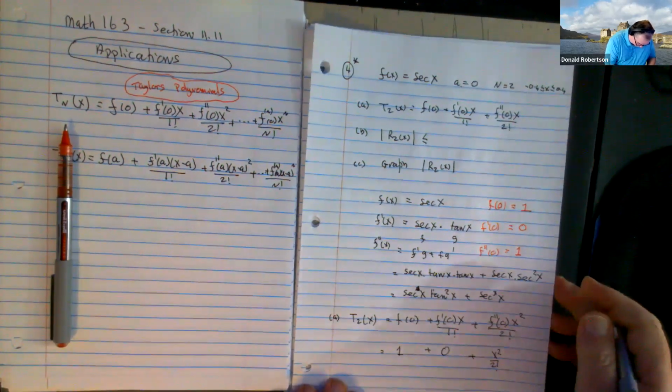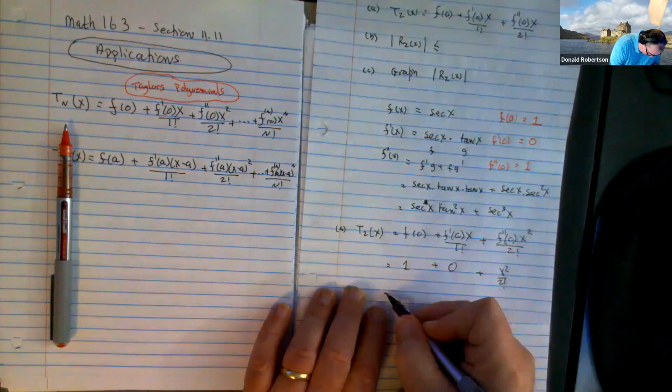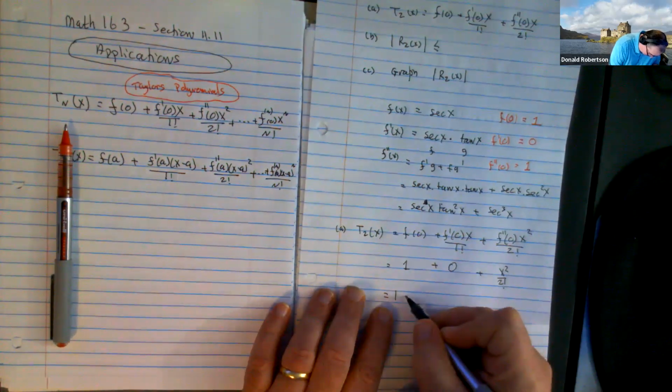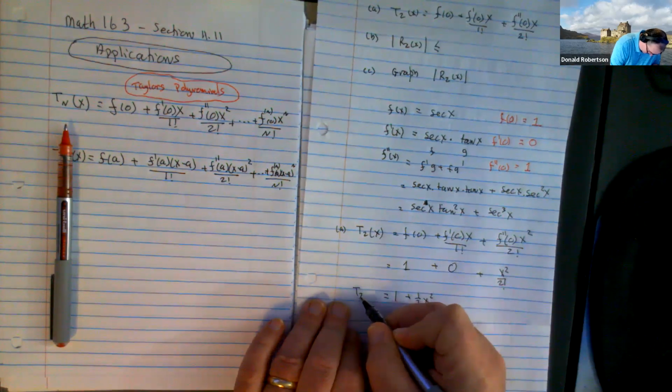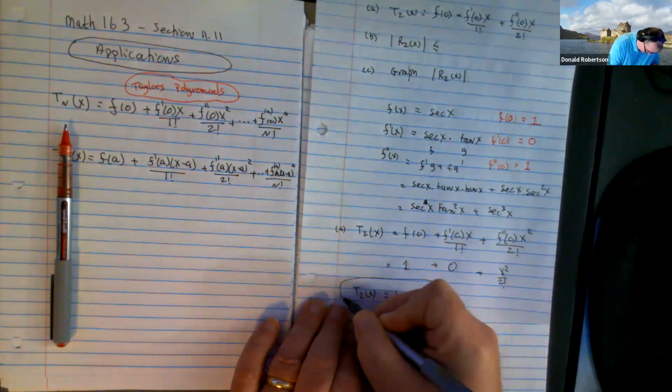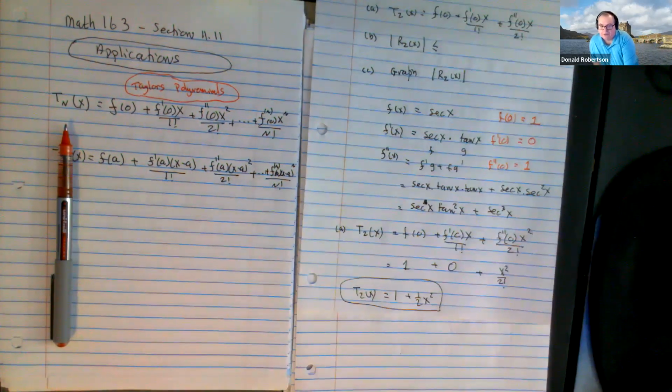And of course, you shouldn't leave things like that. You should tidy them up. So T2 of x is 1 plus a half x squared. Do you notice that the x term is gone? That's not uncommon for these questions for you to lose a couple of terms. So far, so good.